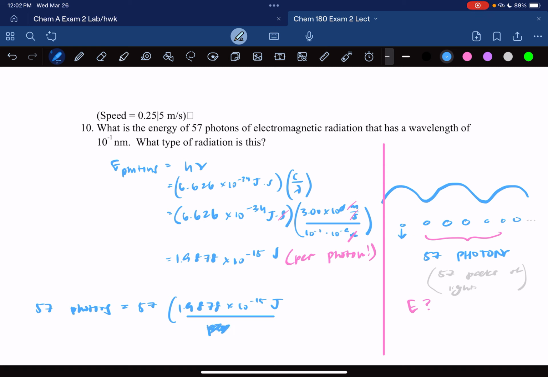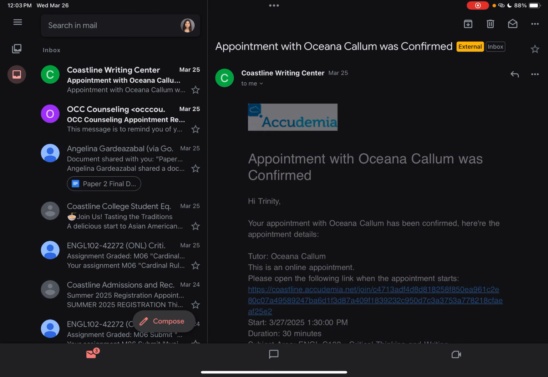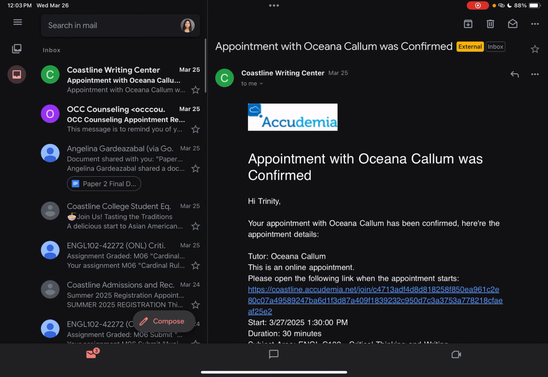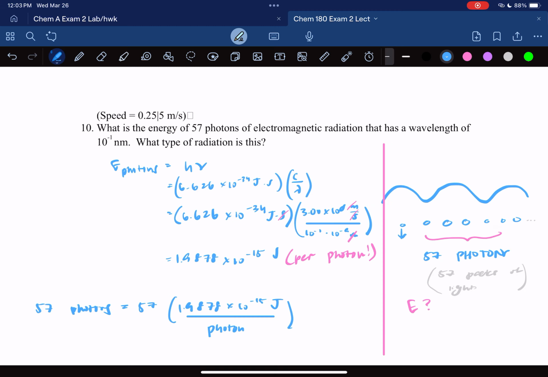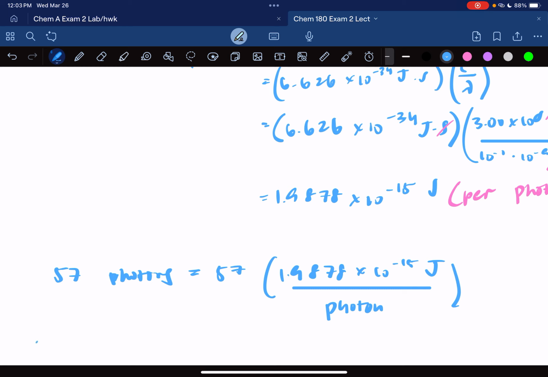As far as which region, I refer to the electromagnetic radiation spectrum. It turned out to be X-ray.